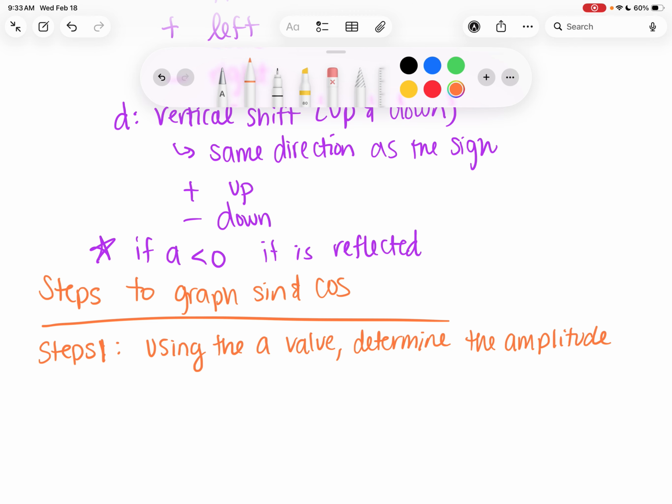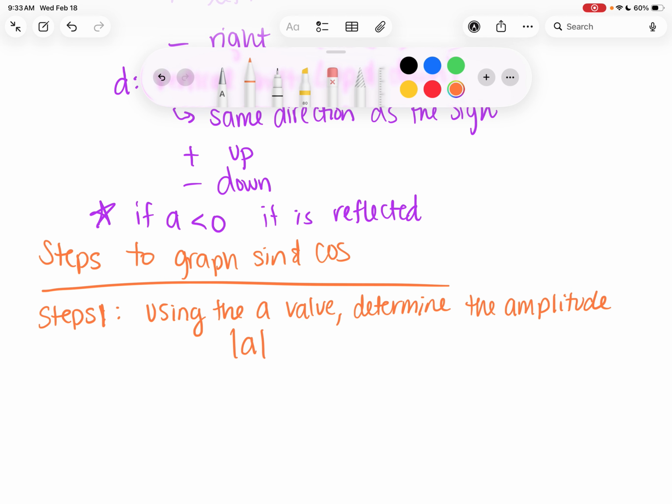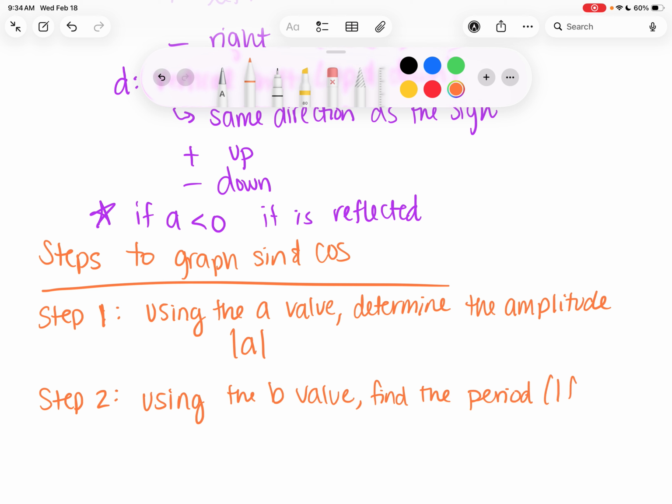This part is just review from yesterday, which is the absolute value of A. Step 2, using the B value, find the period, which is 1 full cycle. So that's P is 2 pi over the absolute value of B.